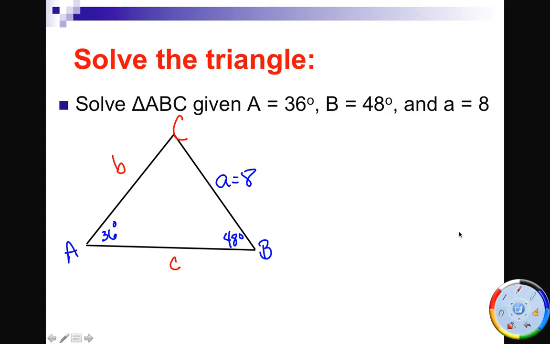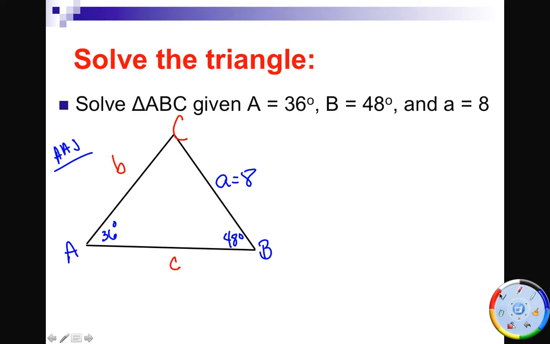So let's do some math. This is the AAS version. So this is an AAS triangle, which means law of sines is legal. And first of all, I'm looking for a side first, little b. Not that that's exactly what needs to be done first, but that's what I want to do first.